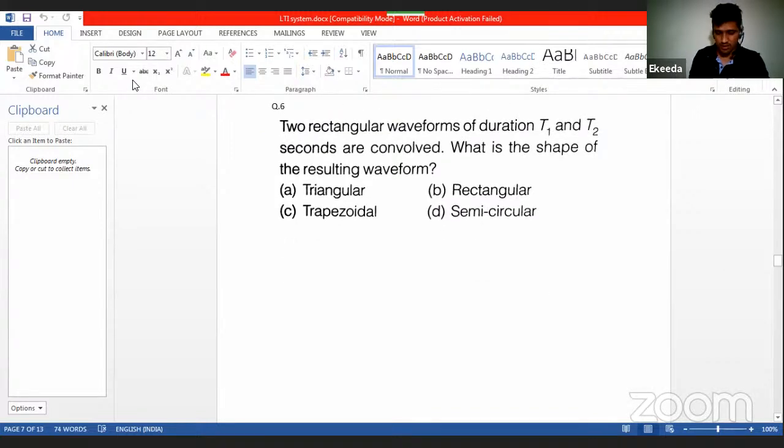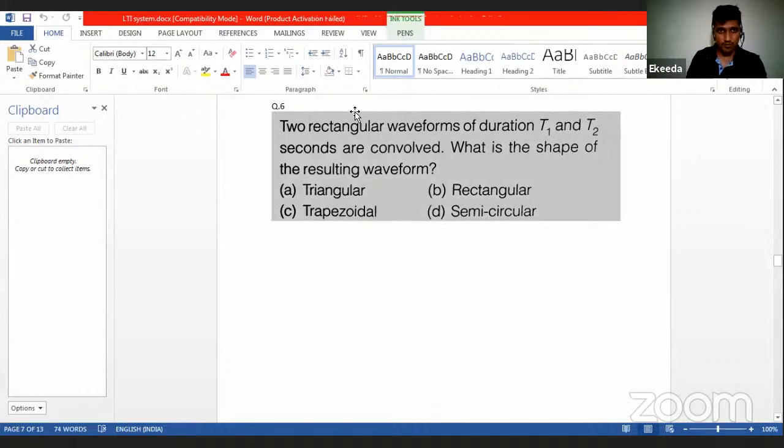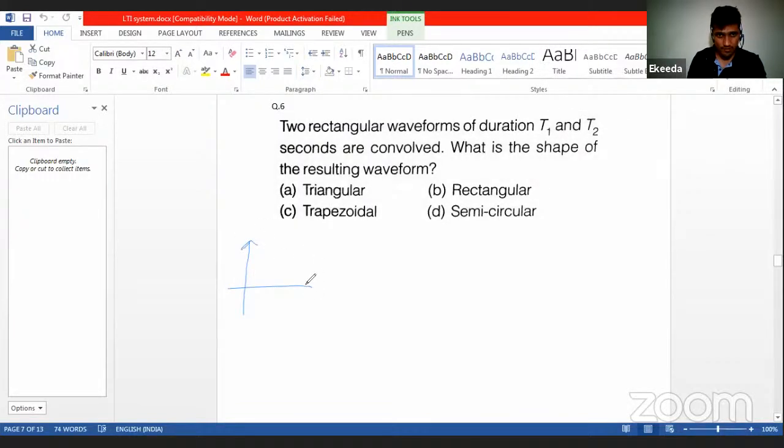Now coming to the next question. This is very standard. Whenever there are two pulses, let me give some example. Suppose this is one rectangular pulse, starting from A to B, having amplitude A1.